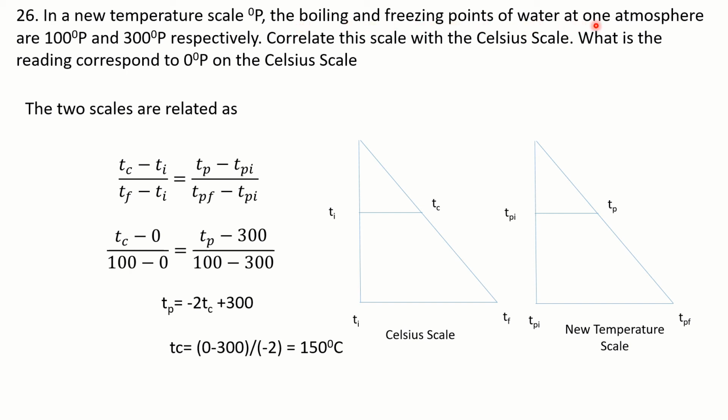The boiling and freezing points of water at 1 atmosphere are 100 degree P and 300 degree P respectively, so I should have reversed this equation anyway. Right. I will get TP is equal to this. From here I can calculate TC is equal to 150 degrees Celsius. It means if it is reading 0 degree P, then the Celsius scale will be reading 150 degrees Celsius.